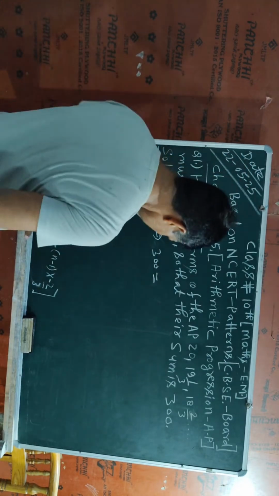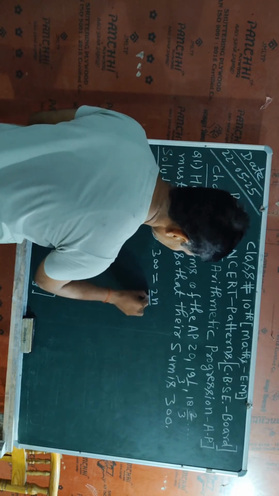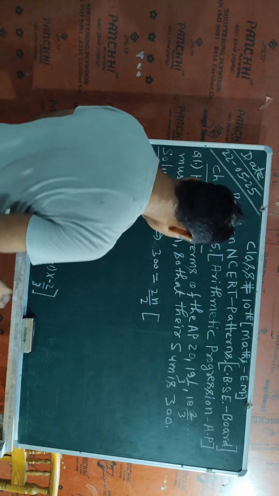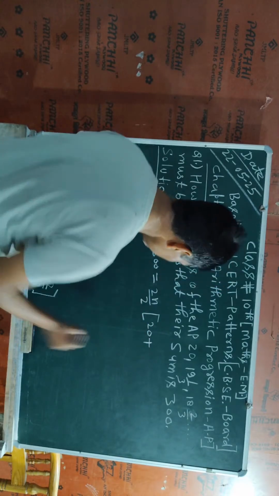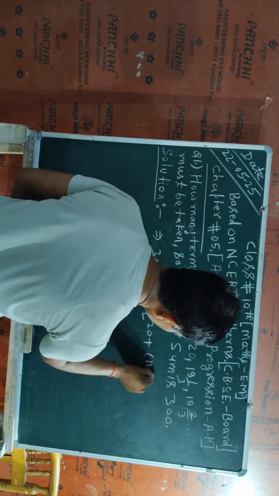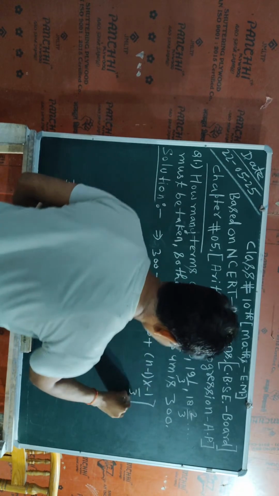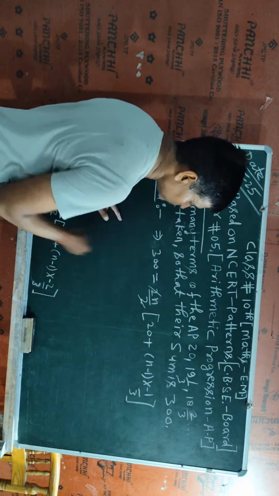Now from this term I will take 2 common, so 2n divided by 2. Now here I will say 20, plus here will be n minus 1 by 3, because I have taken 2 common, so these 2 and these 2 will cancel out.